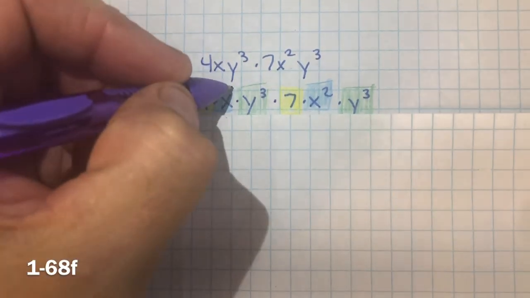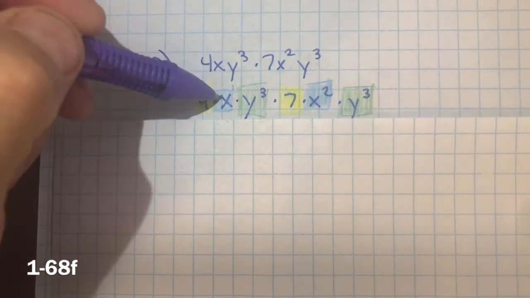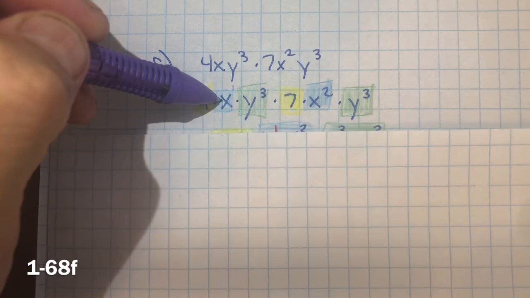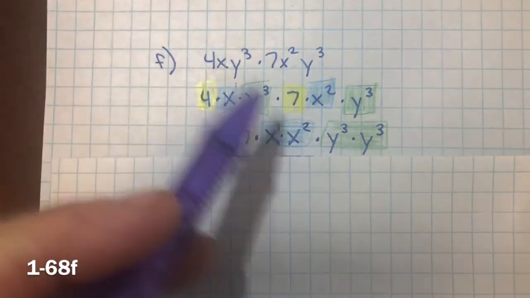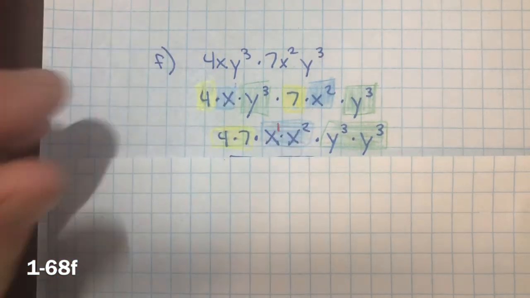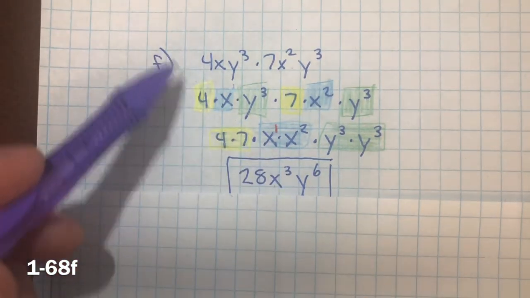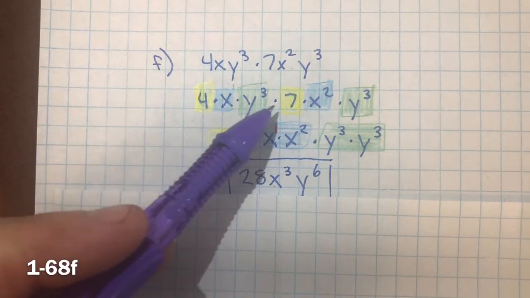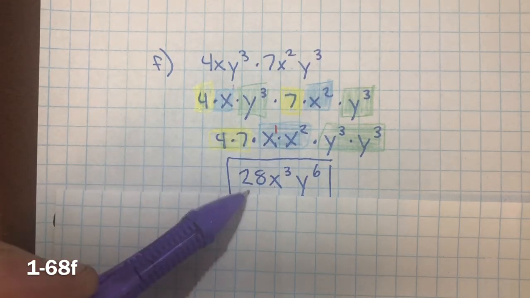And remember, if you have a placeholder here, and when you're multiplying like terms, you keep the base and you add the exponents. So 1 plus 2 is going to equal x to the 3rd. Here we have 4 multiplied by 7 is 28.